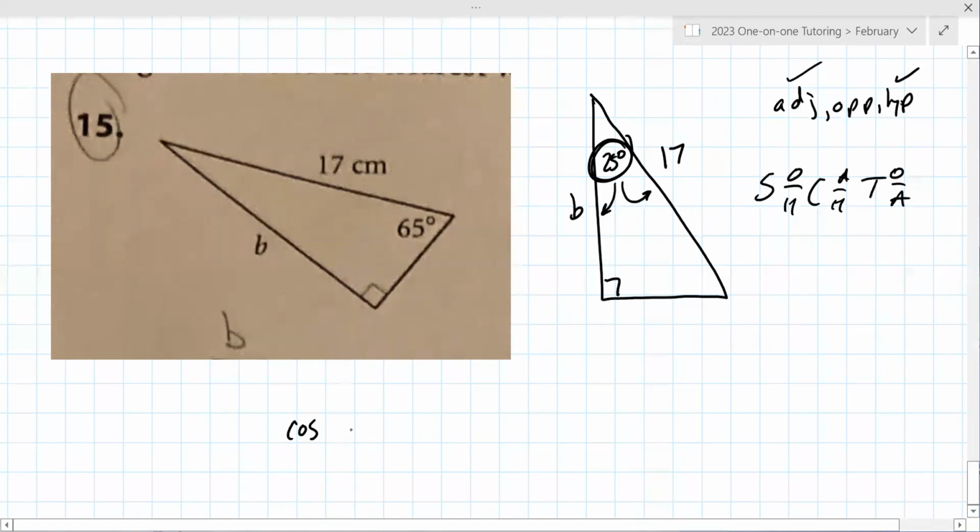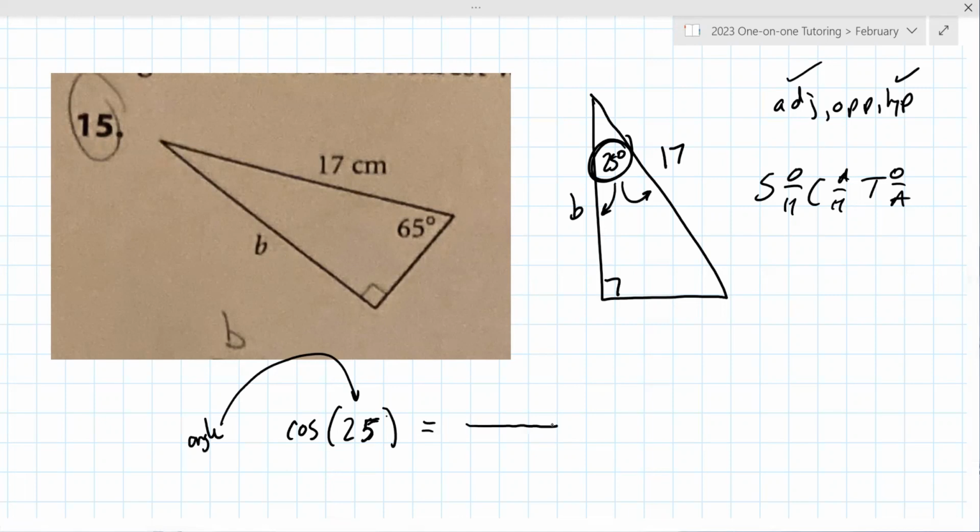And with cosine, the argument would be 25. The cosine takes an angle as its argument. This has to be an angle inside here. And it equals the adjacent over the hypotenuse. So what is the adjacent?